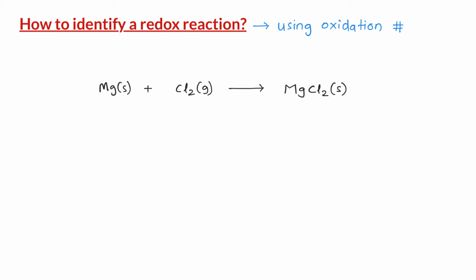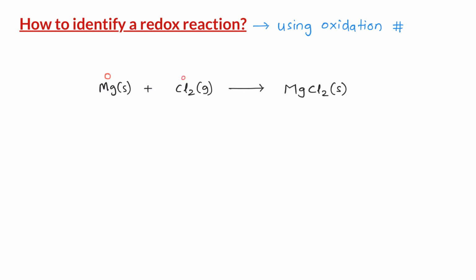On the reactant side, magnesium is in its elemental form. Therefore, its oxidation number is equal to 0. Similarly, chlorine is also in its elemental form, that is Cl2 gas. Therefore, the oxidation number of each chlorine atom is also equal to 0.